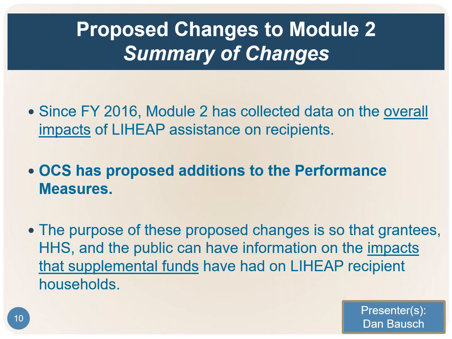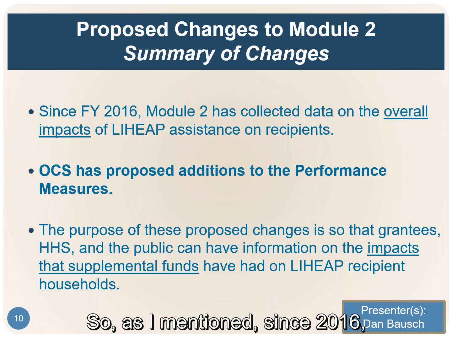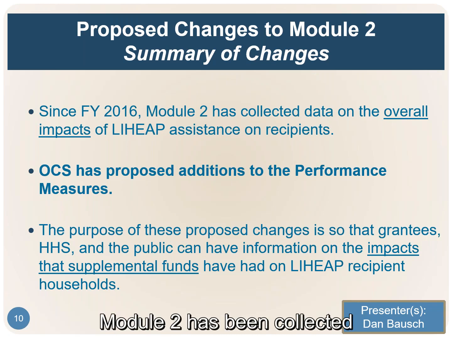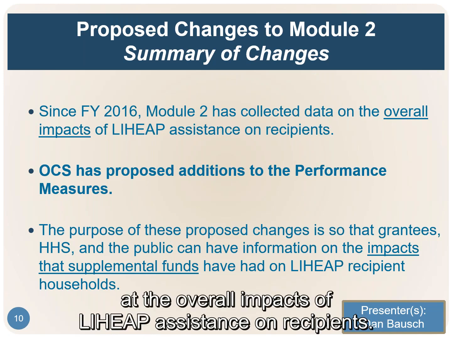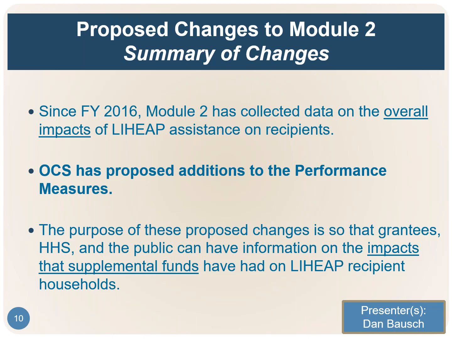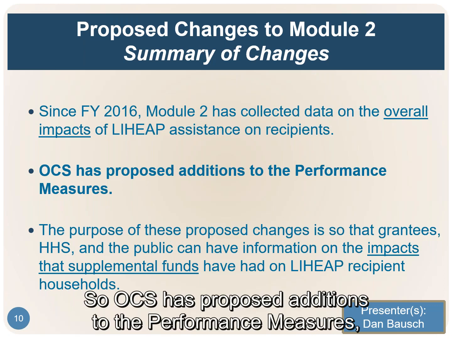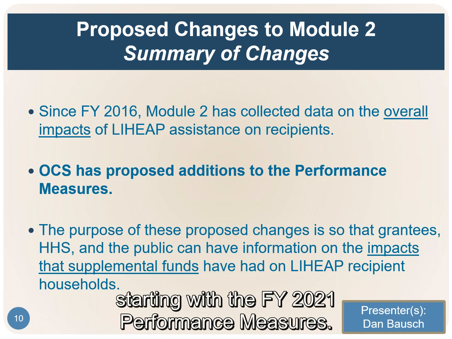Next slide. So as I mentioned, since 2016, Module 2 has been collected, and that information has been looking at the overall impacts of LIHEAP assistance on recipients. So OCS has proposed additions to the performance measures, starting with the FY 2021 performance measures.